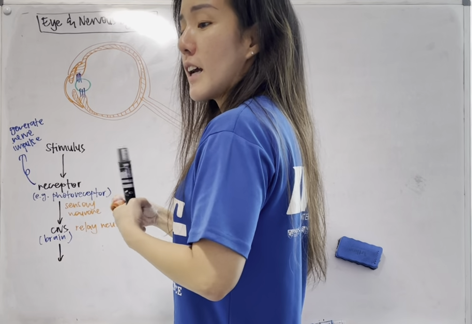The motor neuron is supposed to send to the effectors, right? What are the two main effectors relevant to the eye? The ciliary muscles and the muscles of the iris. Very good. The iris is involved in what kind of action?